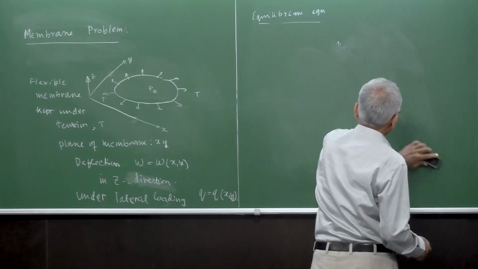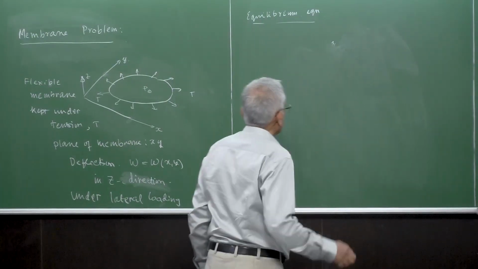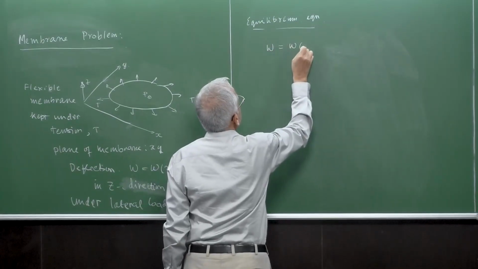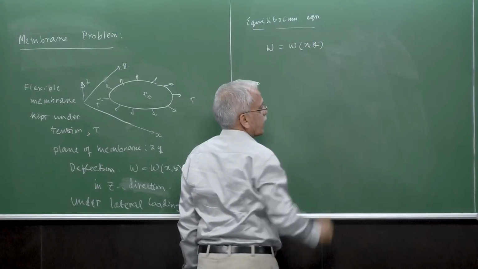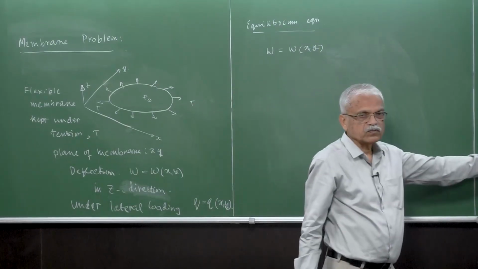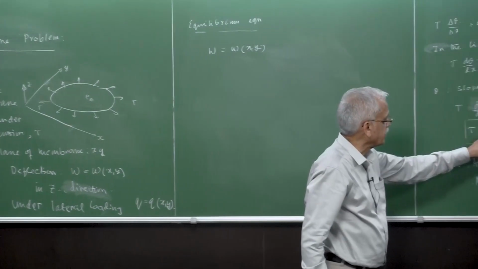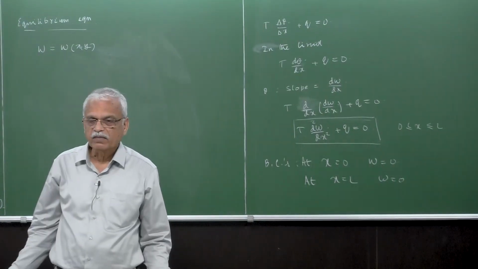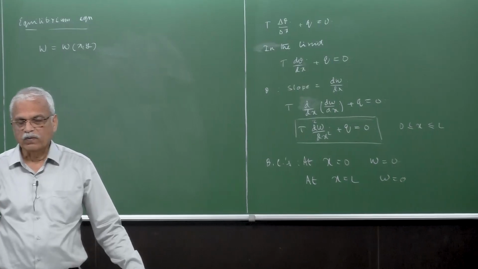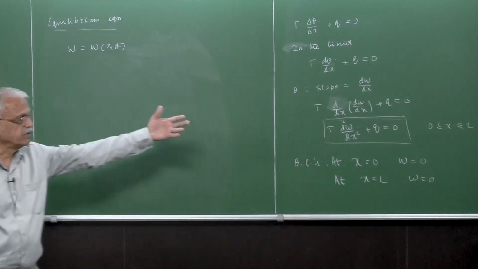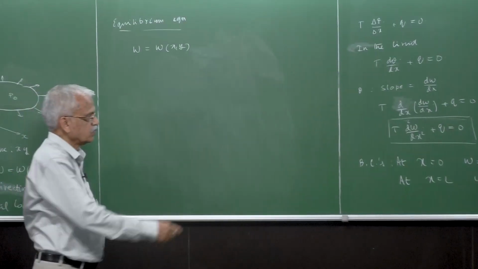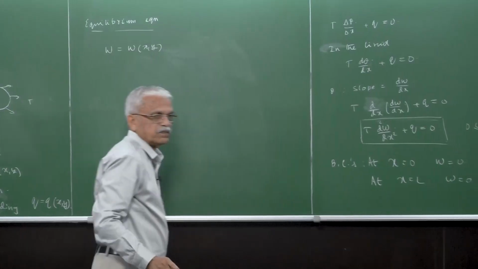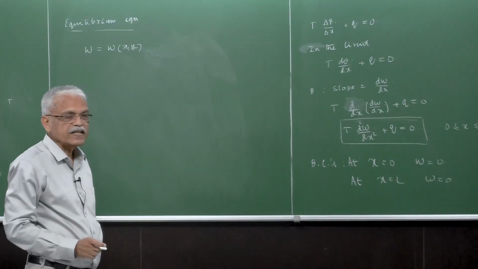So if W is the deflection, which is a function of x, y now, earlier we wrote this as T times d square W by dx square plus Q is equal to 0. So if W is a function of x, y, the same theory can be extended to 2D also. Then this equation should consist of y also.